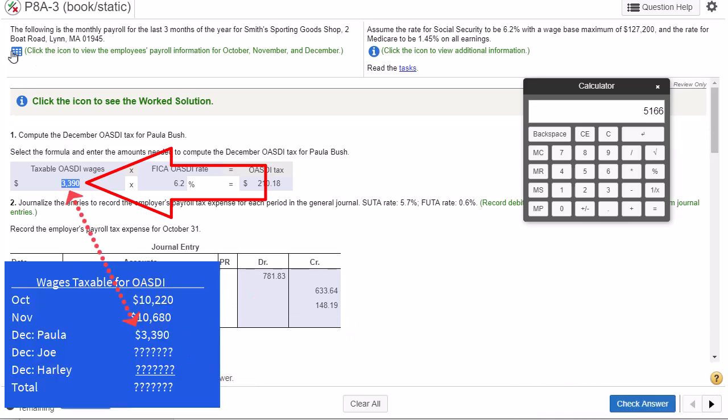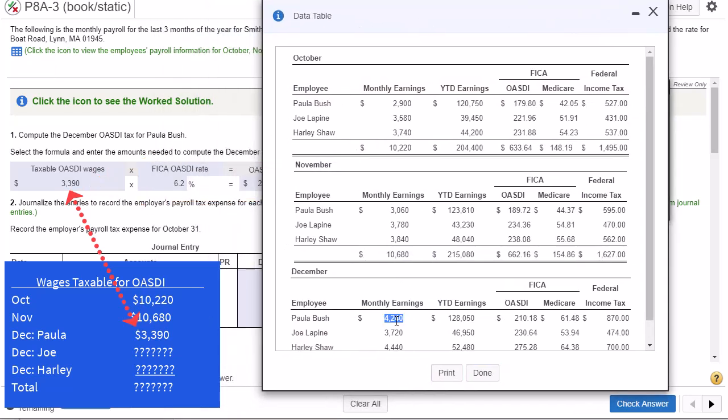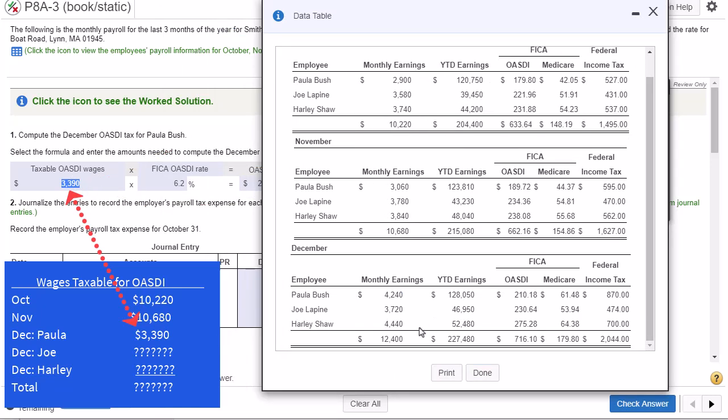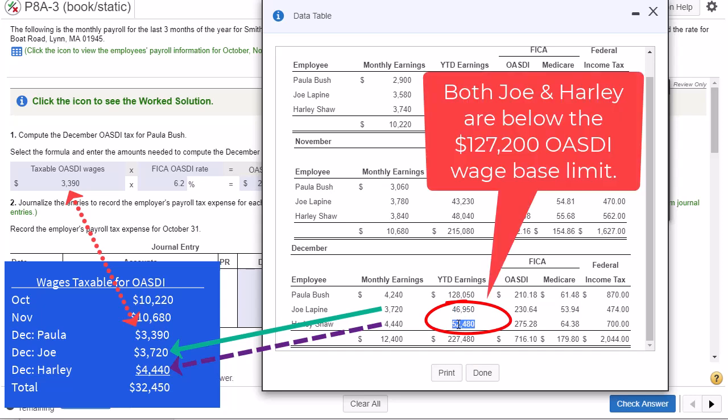So we're going to take that $3,390, not the $4,240, and then we're going to add it to Joe's gross wages for December and Harley Shaw's gross wages for December, because neither of these two are above the limit.